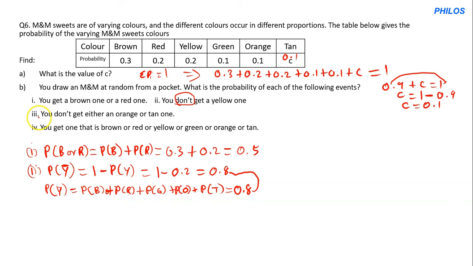So let's proceed to Roman number 3. Roman number 3 says, you don't get either an orange or a tan one. The probability of not getting either an orange or a tan, it's neither of them, should be equal to 1 minus the probability of either of them.